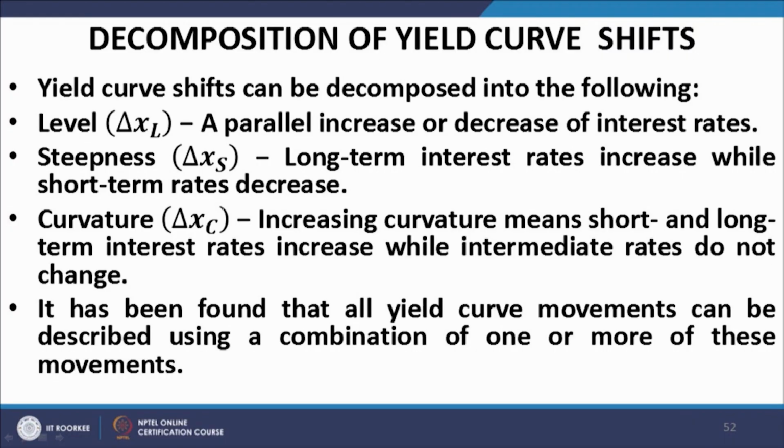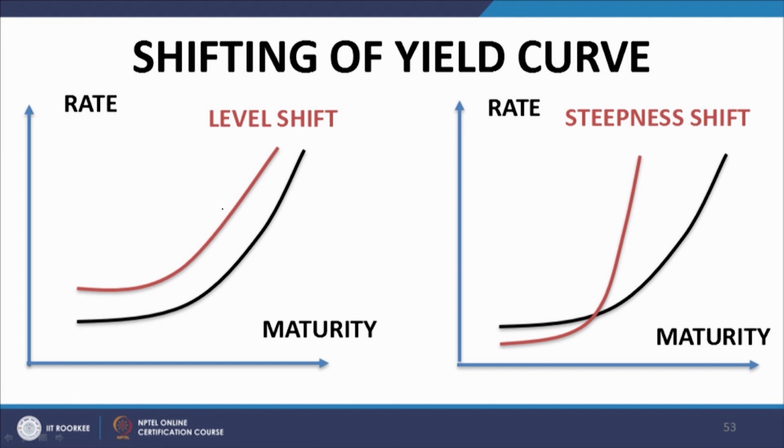So, as I mentioned just now, yield curve shifts can be decomposed into the following: level shift, a parallel increase or decrease of interest rates; steepness, long term interest rates increase while short term interest rates decrease; curvature, increasing curvature means short and long term interest rates increase while intermediate rates do not change. It has been found that all yield curve movements can be described using a combination of one or more of these movements.